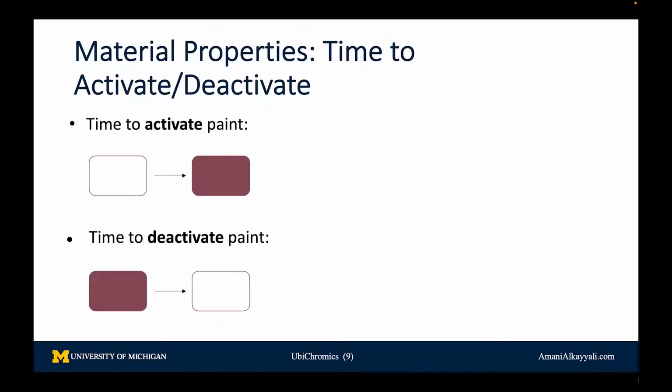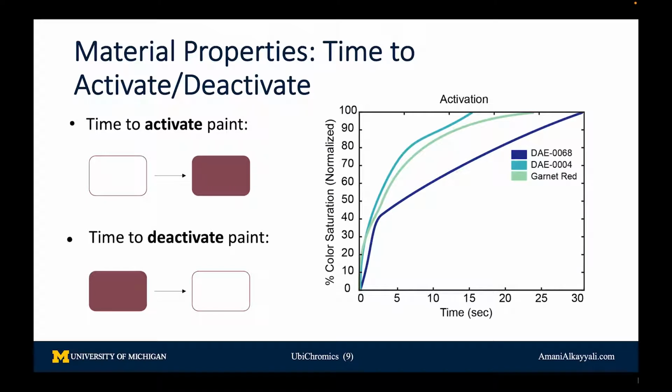And so we plotted these values over time to determine the activation and deactivation time, or the amount of time required for the paint sample to go from clear to fully saturated, and then back from fully saturated back to clear. In this graph, we evaluated 3 samples, but I will point out the values of the paint that we used for our demonstrations.